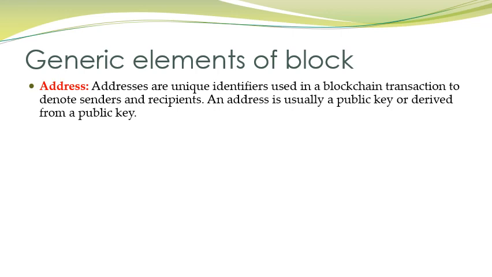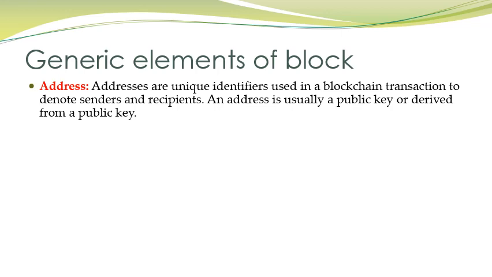So the first generic element in the blockchain is address. Addresses are unique identifiers used in a blockchain transaction to denote senders and recipients. To identify the sender and receiver, each sender and receiver has an address, and to identify the nodes, we use the address.